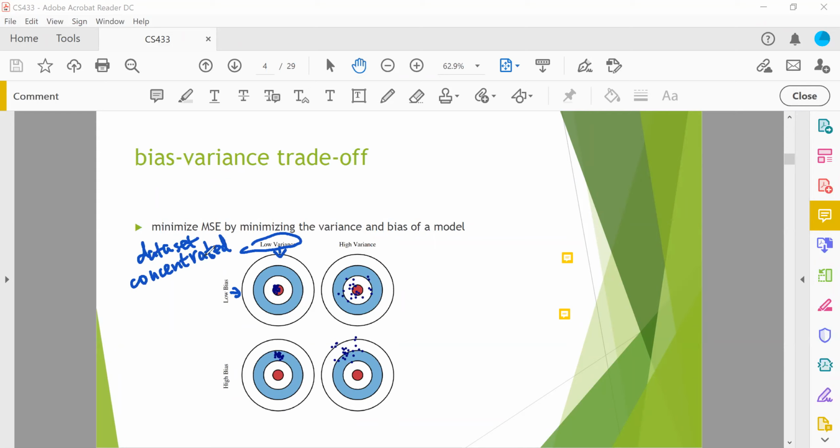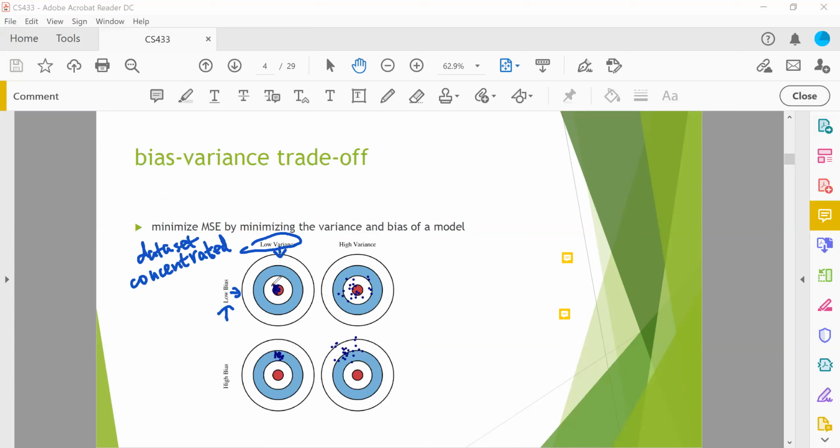Is it concentrated? It's not spread out that much. And the low bias means it's not off from what the real performance should be too much. So this is the perfect scenario. All of those dots mean data sets.